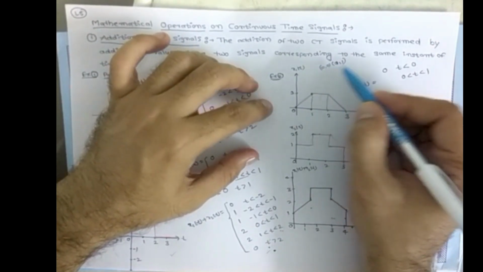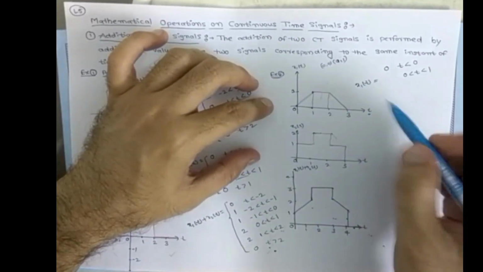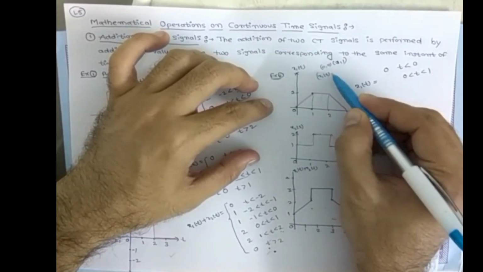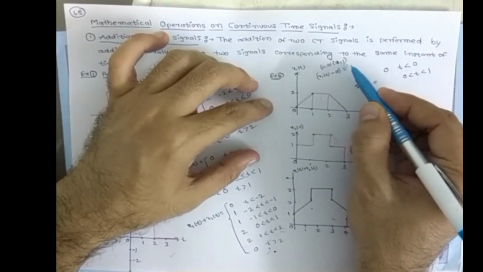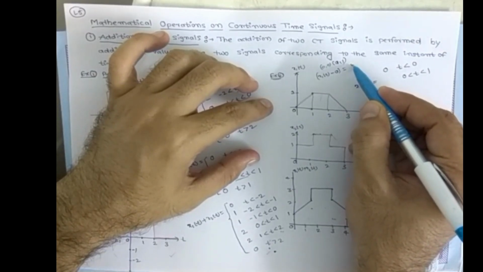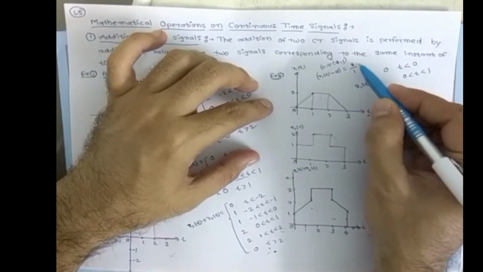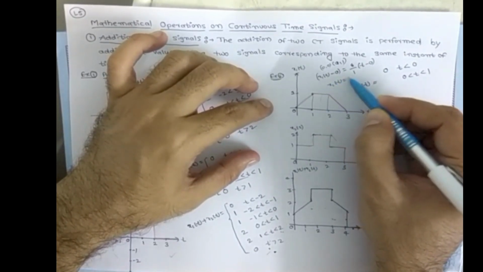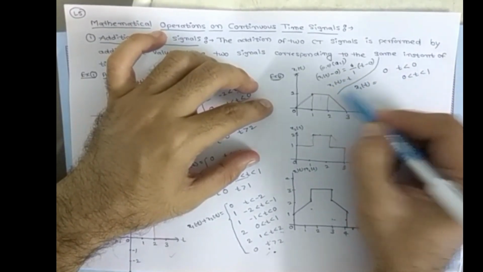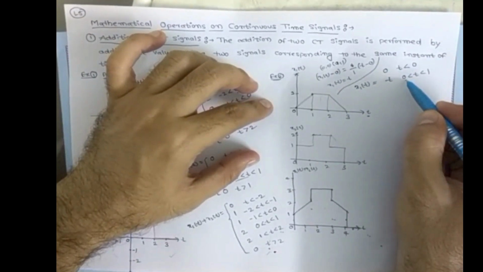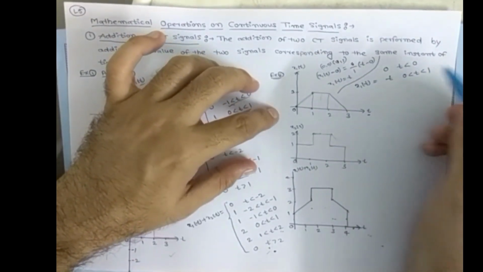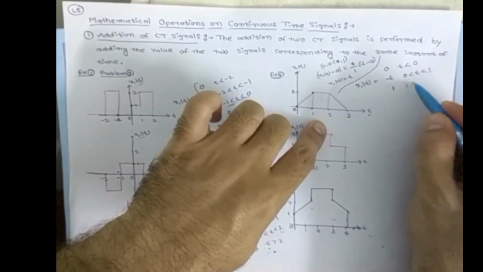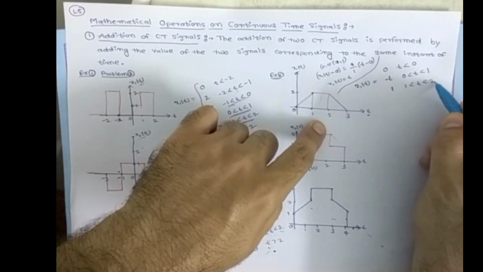If you write the equation, here the x-axis is t and the y-axis is x1 of t. x1 of t minus 0 equal to (1 minus 0) by 1 times (t minus 0). So x1 of t equal to t for 0 less than t less than 1, right? And this is 1 for 1 less than t less than 2.